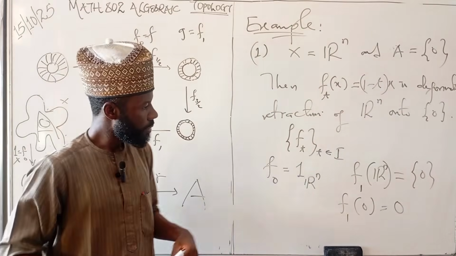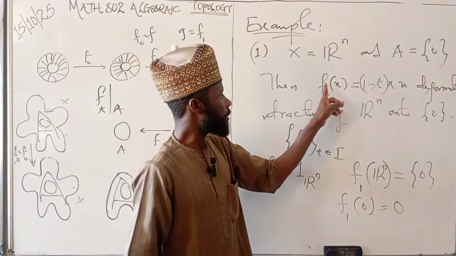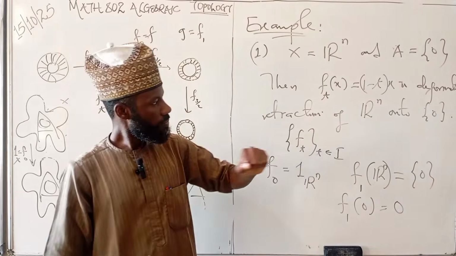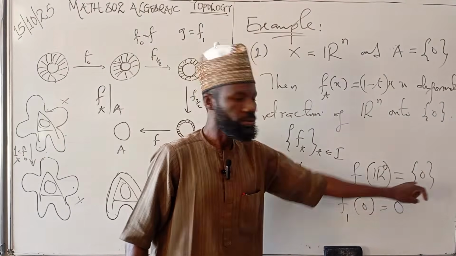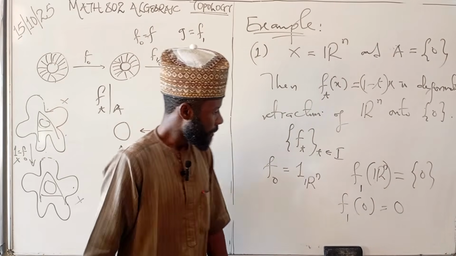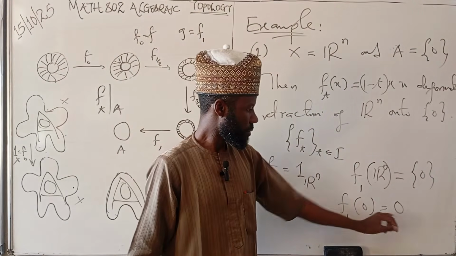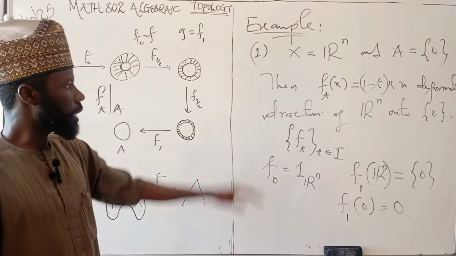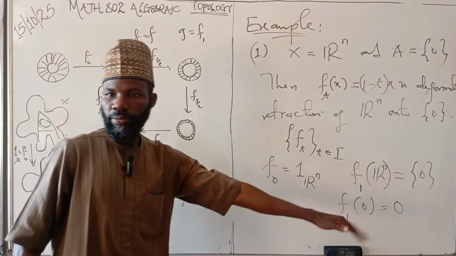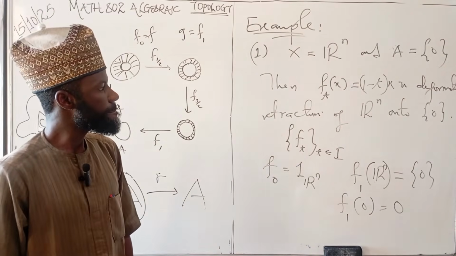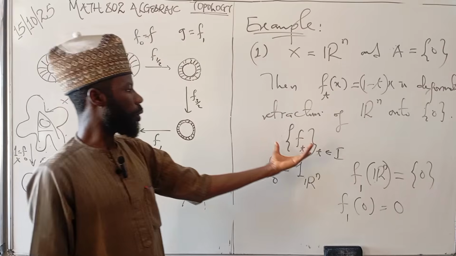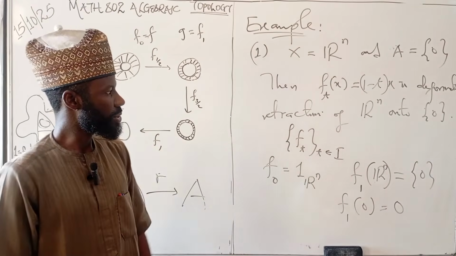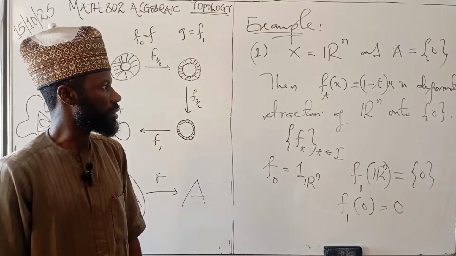I hope it's okay. And then the last point, if t is 1, you have 0. The entire space will map to 0 when t is 1. And this 0 is also fixed by t. Is it okay? So actually we have a homotopy from the identity to a retraction. So this is a deformation retraction of the space.